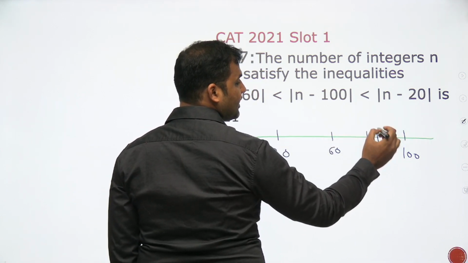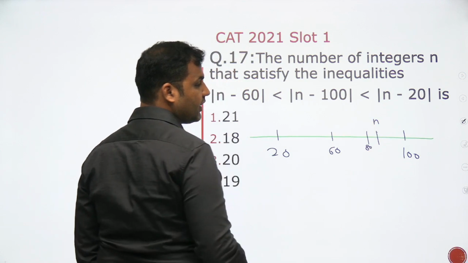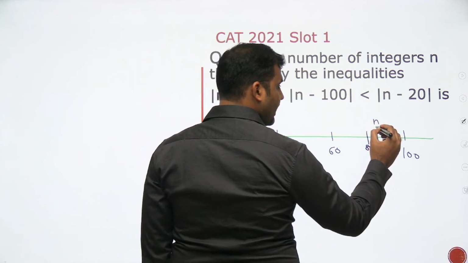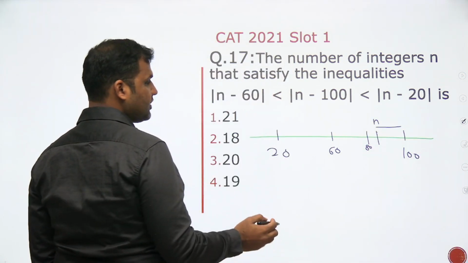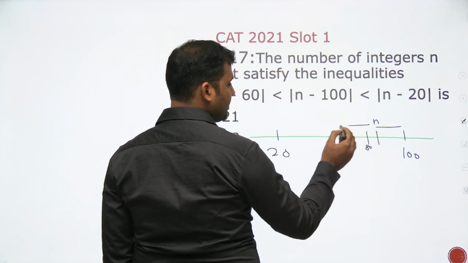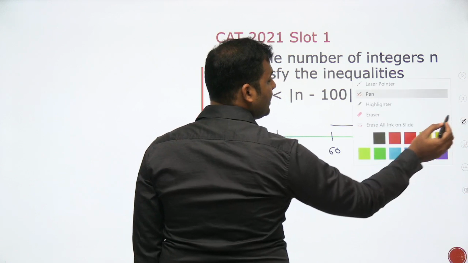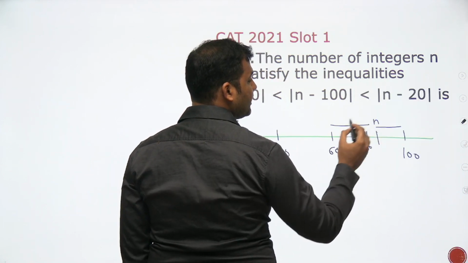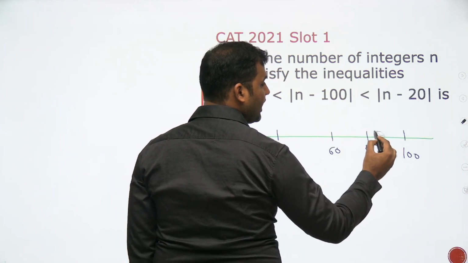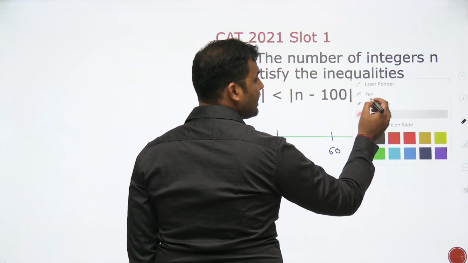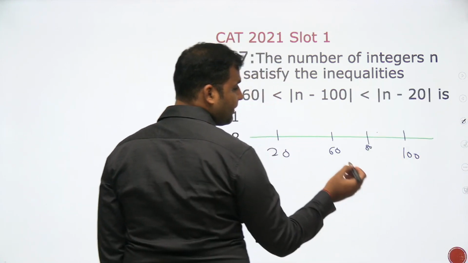Let's say that if I'm picking the value of n over here, then the distance of n from 100 will be this much and the distance of n from 60 would be this much. क्या ये distance ज़्यादा हो सकता है? नहीं हो सकता है. So therefore, the only option that you are left with is to take the value of n on the left hand side of 80. Middle से थोड़ा इस तरफ लेना पड़ेगा.